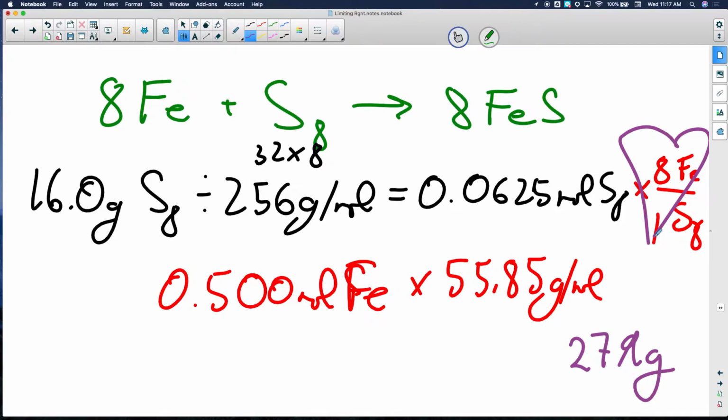Then you would do 0.5. This is half of a mole. So it's 0.5 what? That's moles. These are the grams. So it should be just 1/2 of a mole times whatever.